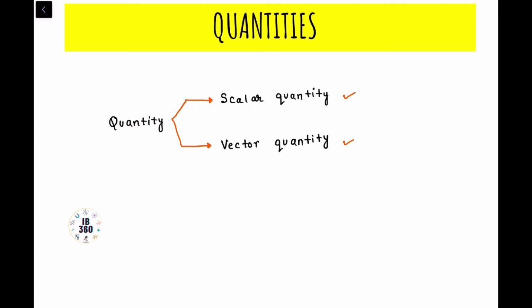Just a few things you need to remember. When you multiply a scalar quantity with a vector quantity, you will get a vector quantity. When you multiply a scalar quantity with a scalar quantity, you will get a scalar quantity.